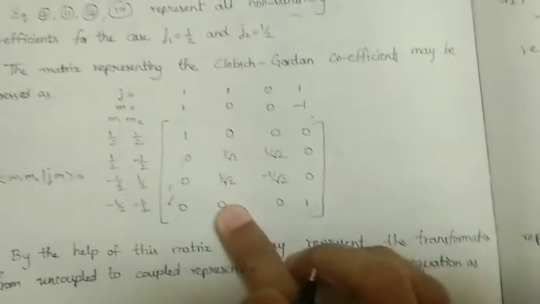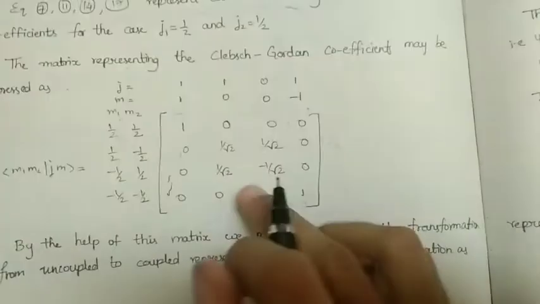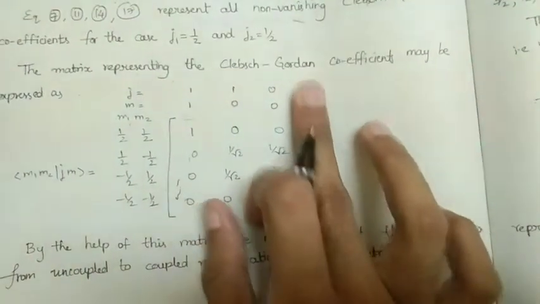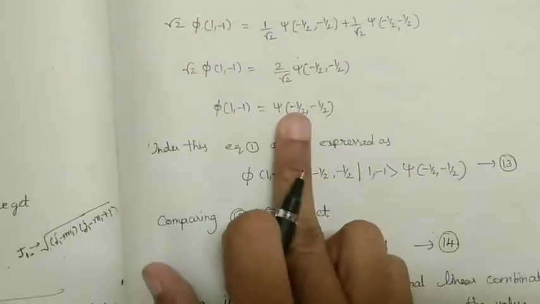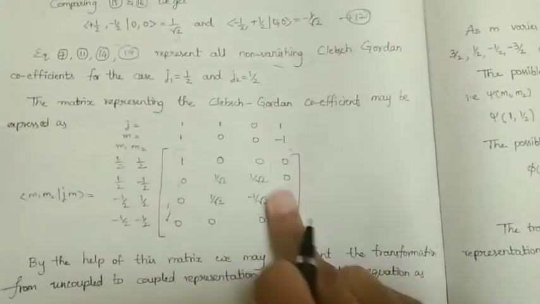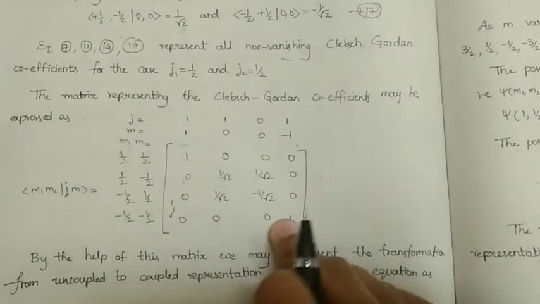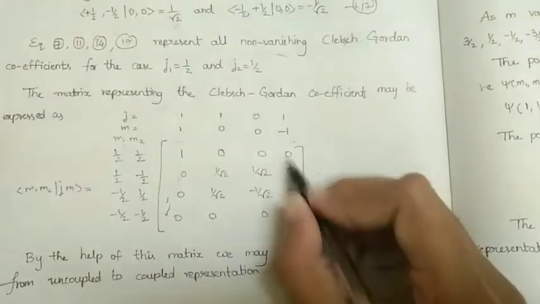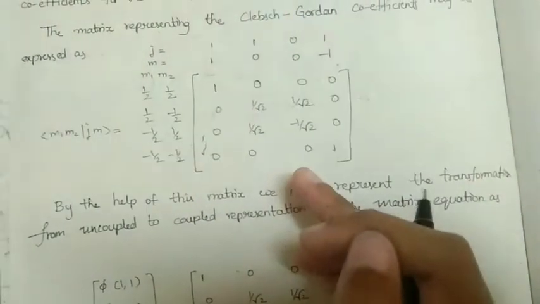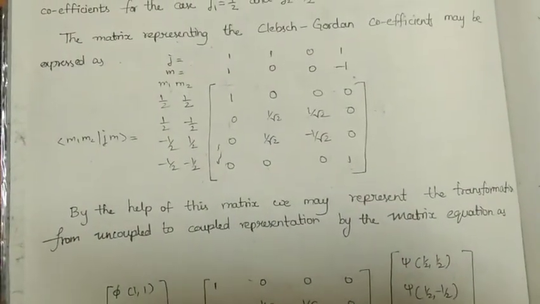In the same manner for phi of 0 comma 0, and this is for phi of 1 comma minus 1: minus half comma minus half is 1, and the remaining are all 0. It would be easy to see this way, as it looks like an orderly form. This is the Clebsch Gordan coefficient matrix form.